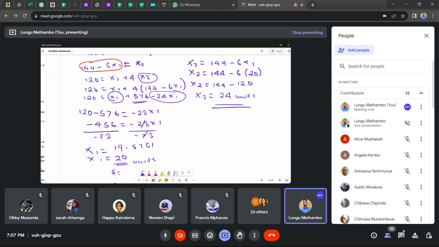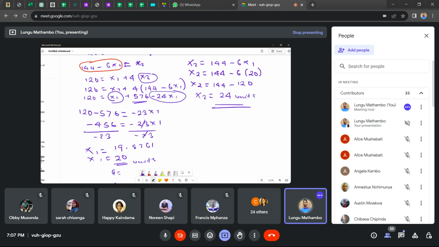That's the mistake that most of us make, a disease that we have to cure ourselves of. Signs. In mathematics, in this particular course, a negative is very important. A positive is very important.